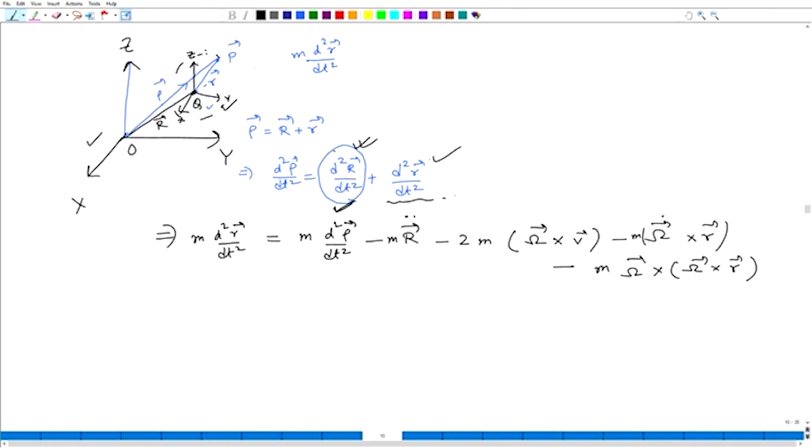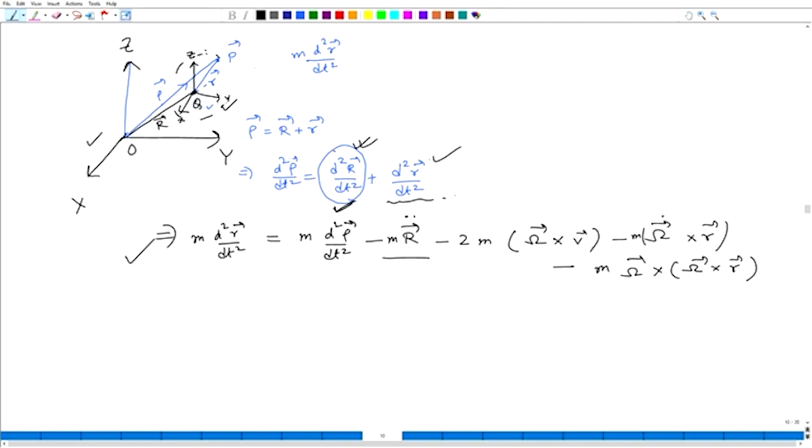If I can do that, I am all set for studying the motion of a particle P with respect to the rotating frame of reference x small y small z, whose origin is also moving with some motion, and is placed at the point Q, and this motion is given by this term.